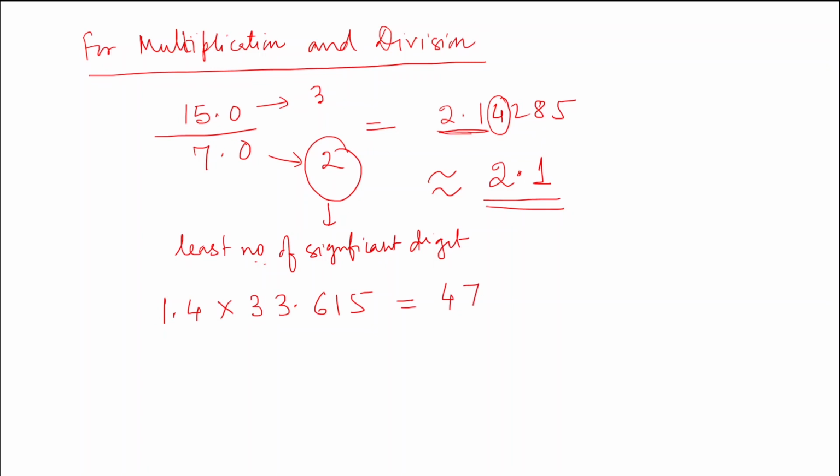So the last one is 1.4 into 33.615. We are multiplying, so 1.4 has 2 significant digits, so the answer will also have 2 significant digits, so 47.061. So if we round it off, 0 है 5 से less है, so it will be 47.